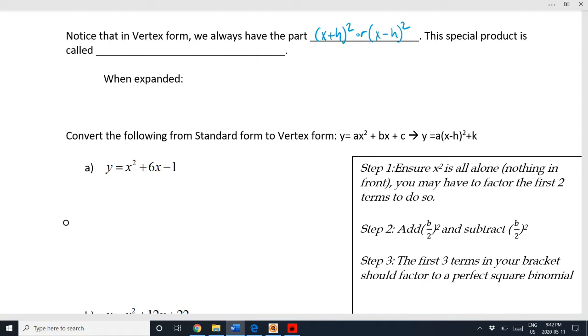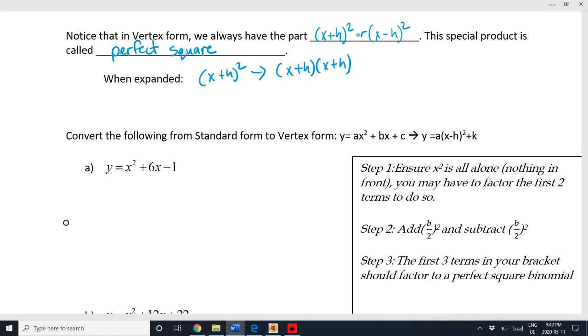This special product is called a perfect square. And we've dealt with perfect squares before when we were learning the different techniques of factoring. When expanding, we'll use this example here. x plus h squared looks like this.